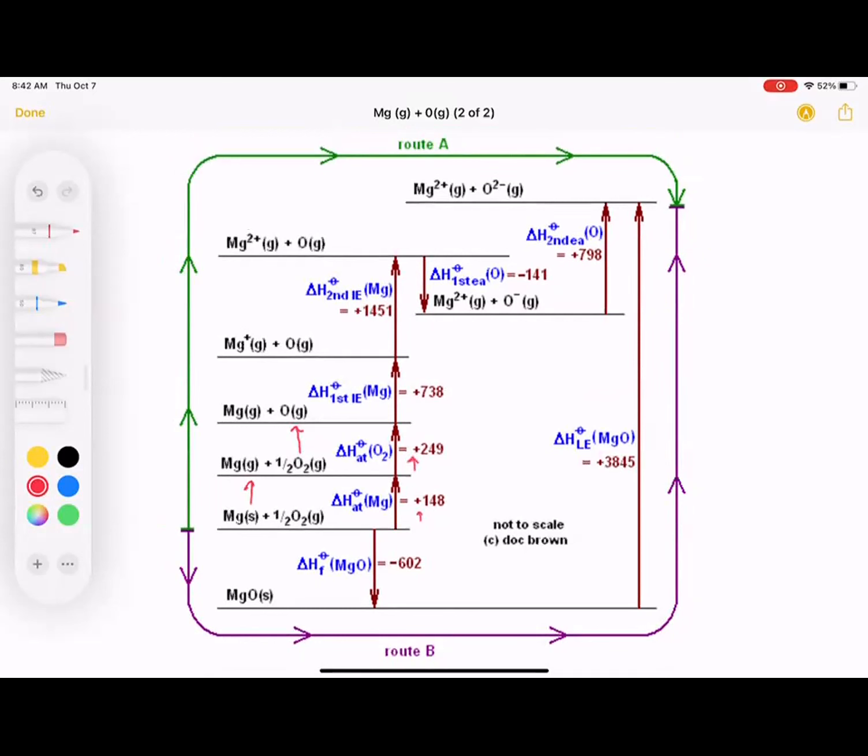The next step we did is we took the magnesium and we went with the first ionization energy to form magnesium +1. And that costs us 738 kilojoules of energy. Again, positive because ionization energies are always positive.